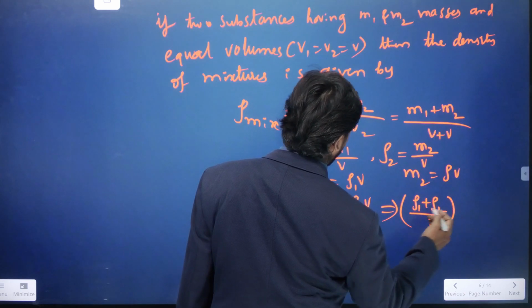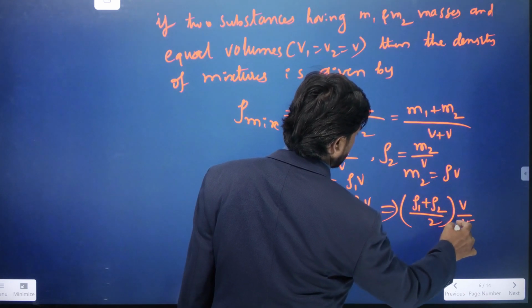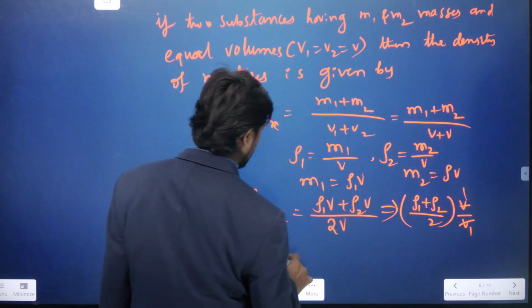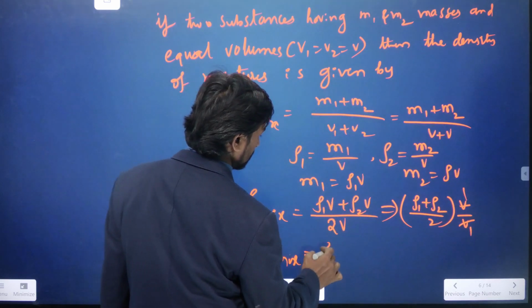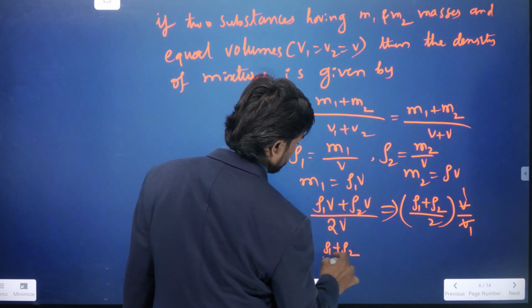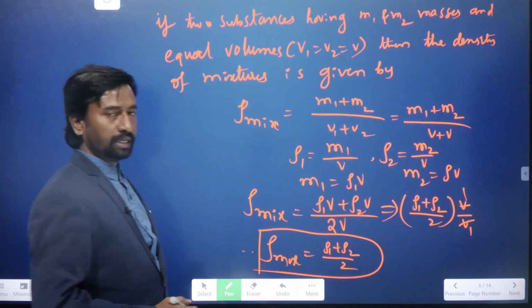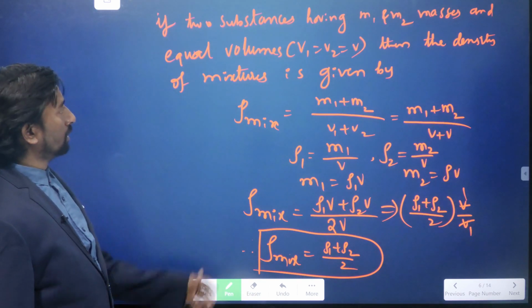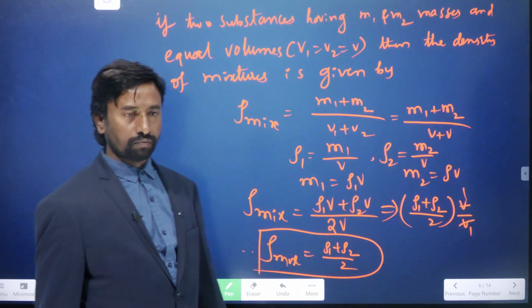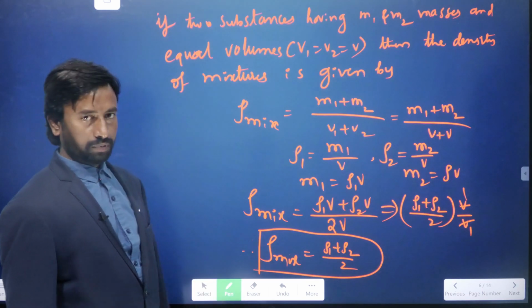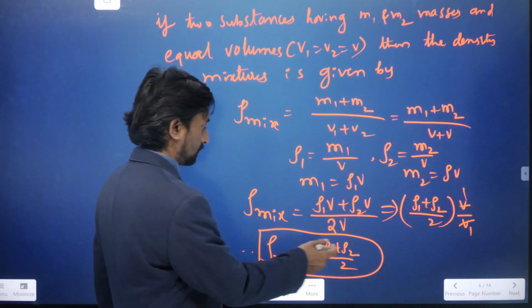So that means the formula of the density of the mixture, if they have different masses and the same volumes, is this one.